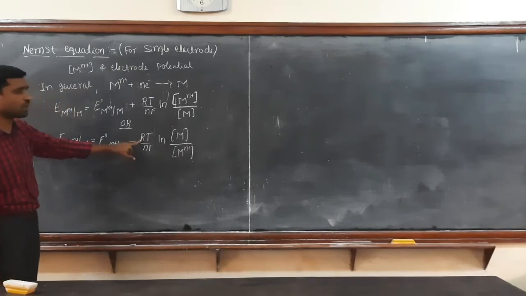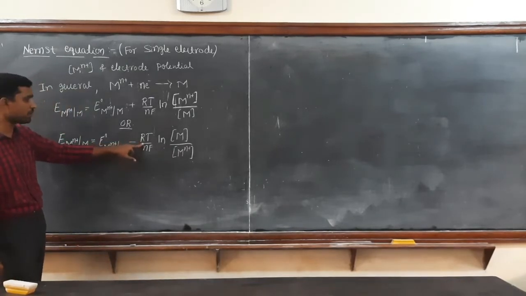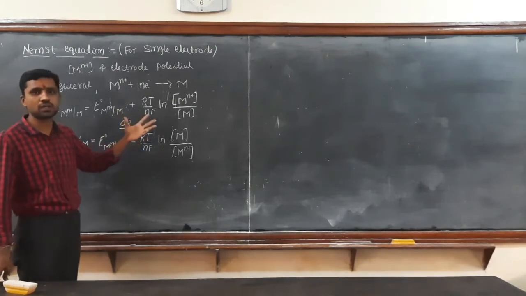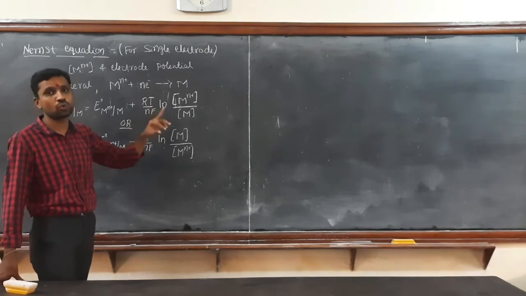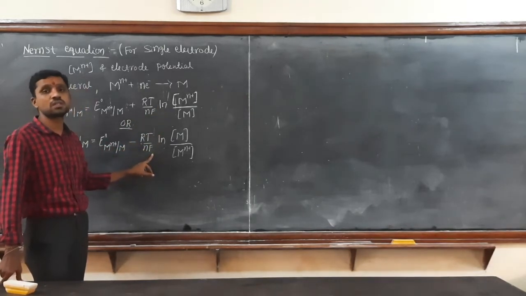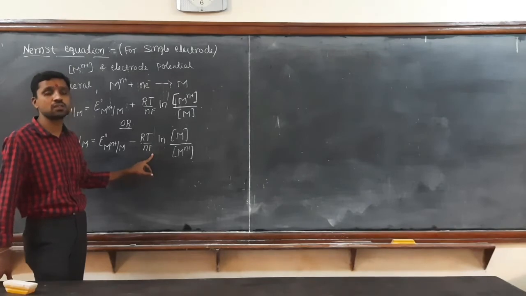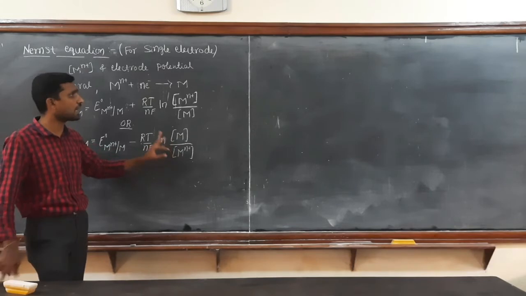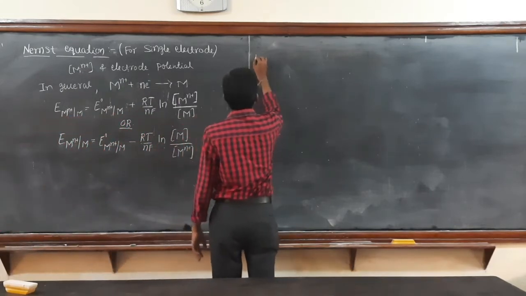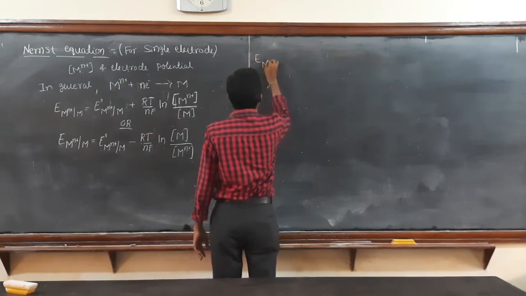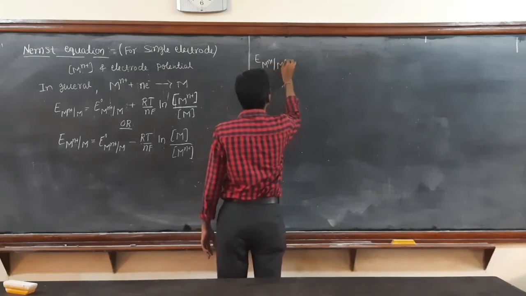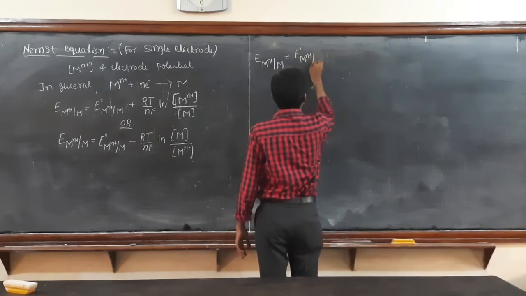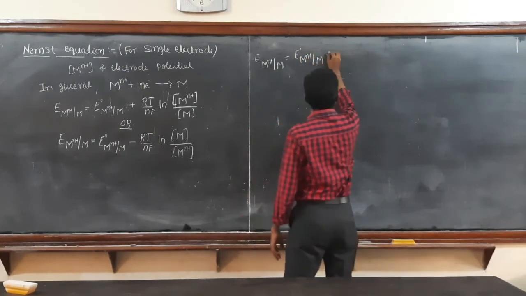If you put in the standard values, you already know R is the gas constant, 8.314. T is the temperature; taking a standard temperature of 25 degrees Celsius, that is 298 Kelvin. F is Faraday's constant, 96,500 coulomb per mole. Now if you put the values, E of Mn+/M equals E naught of Mn+/M plus.